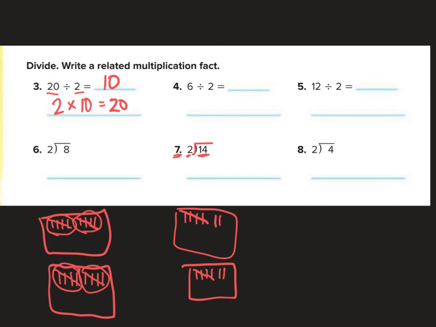Okay, so when I'm counting my tally marks now, I see 1 crossy, so I know that's 5, 6, 7. So there's 7 in each. So my quotient goes on the top, or my answer to my division problem. And then I could also say, okay, I have 2 groups of 7, and it's equal to 14 total tally marks.